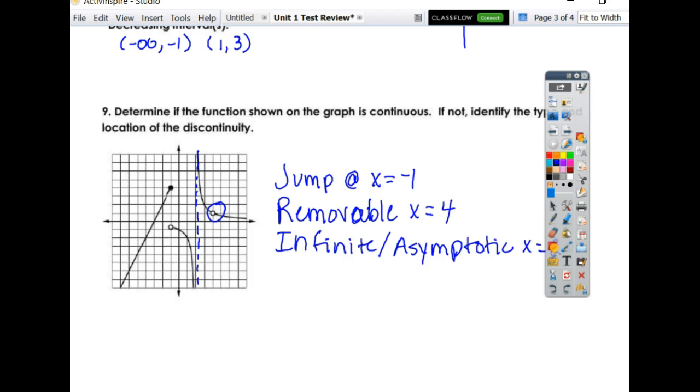So the discontinuity uses vertical. It always uses the x equals. And you have to name all of them when I ask on the test. X equals 2, yes.